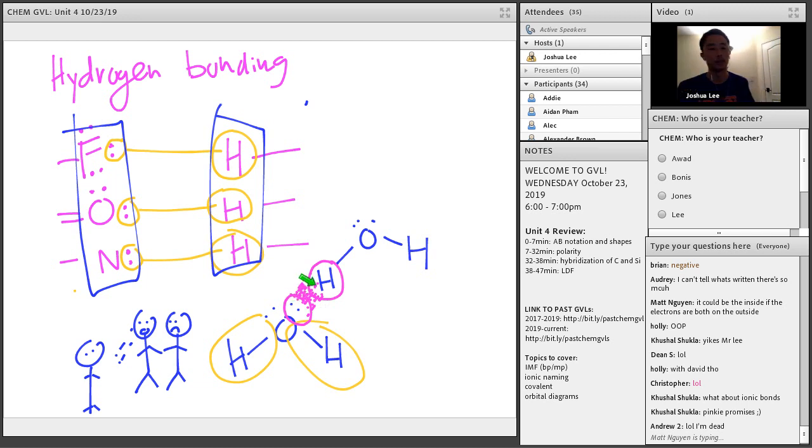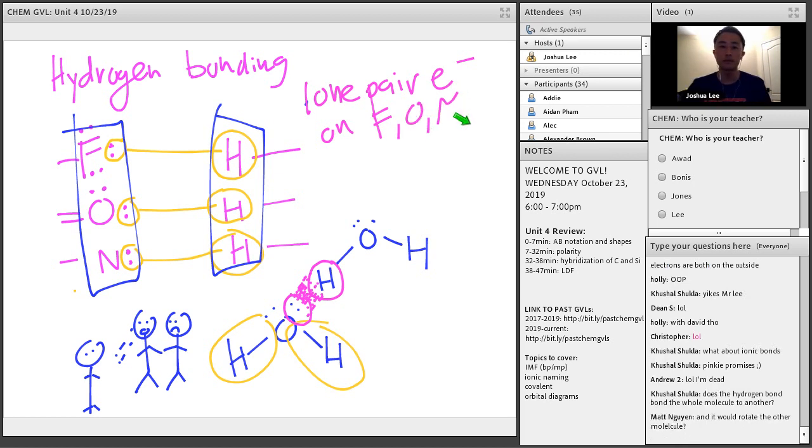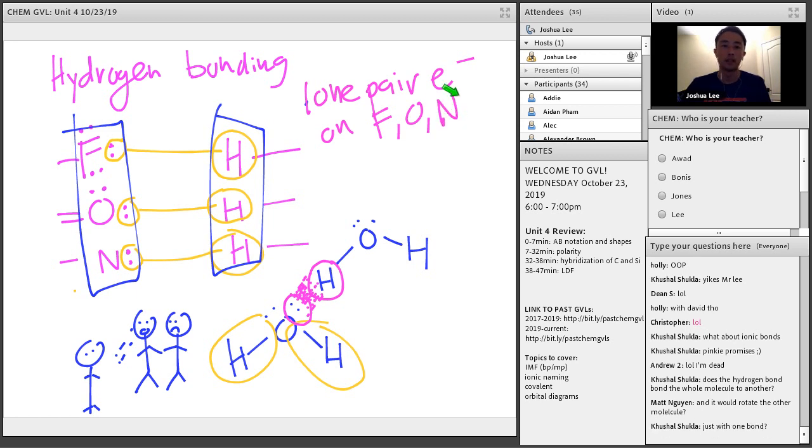So that's what's happening. It's between the lone pair electrons on fluorine, oxygen, nitrogen, with hydrogen on another atom.